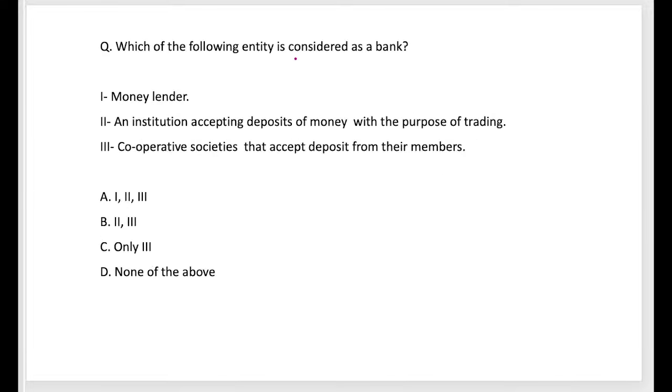Which of the following entities is considered a bank? Money lenders; an institution accepting deposits of money with the purpose of trading; cooperative societies that accept deposits. So what will be your correct answer as per Section 5(b)?